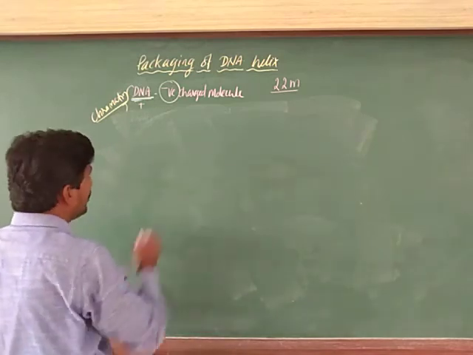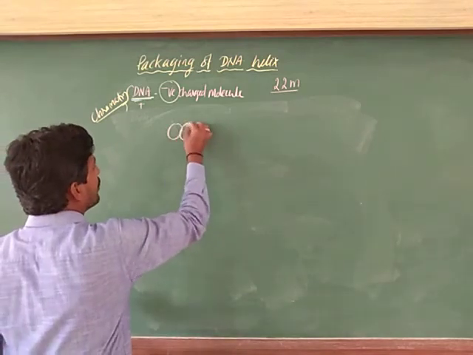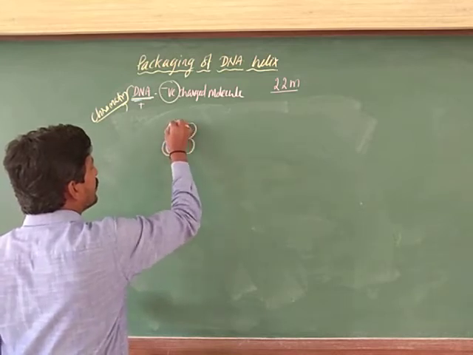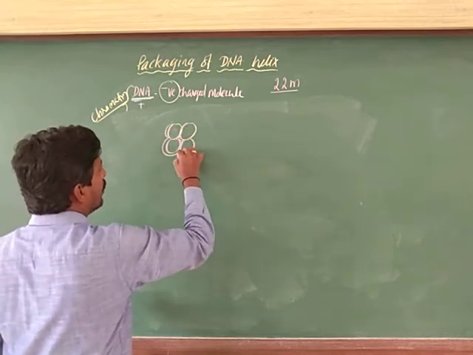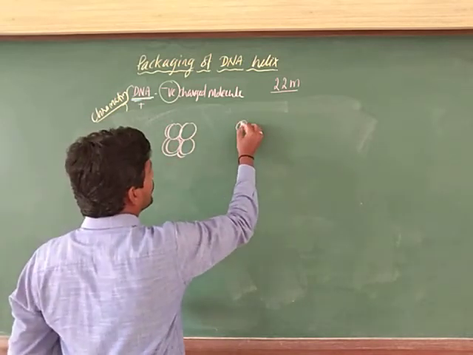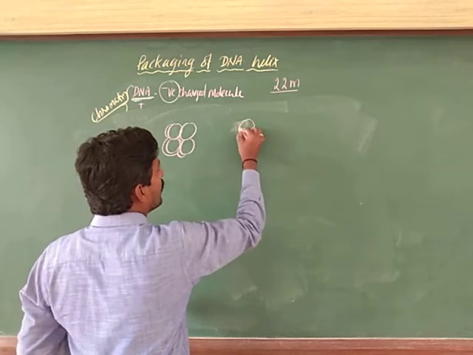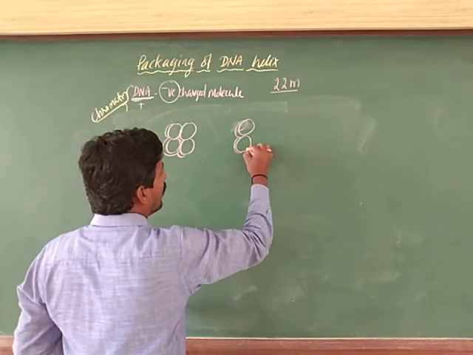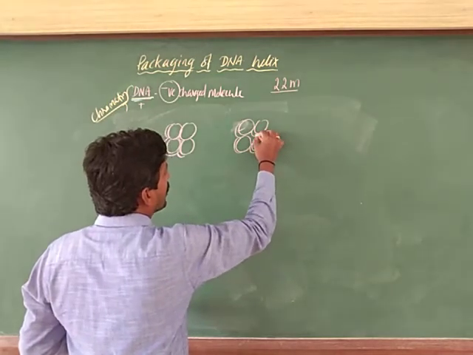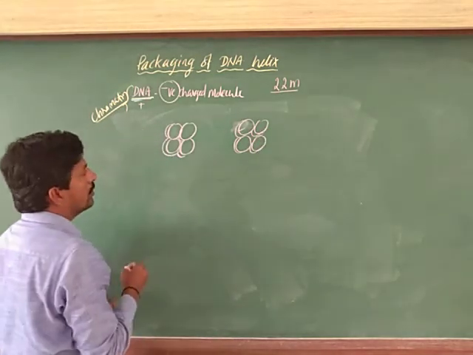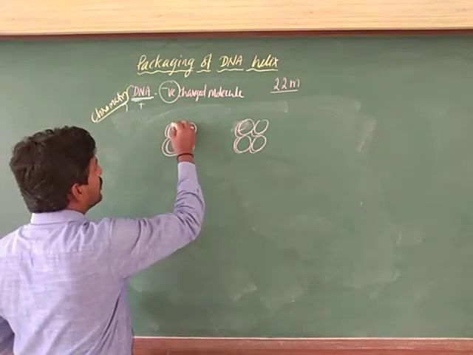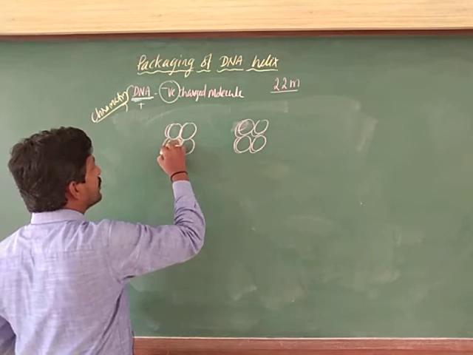In another form we can show one more octamer, these histone proteins, and the DNA is wrapping on it like this.